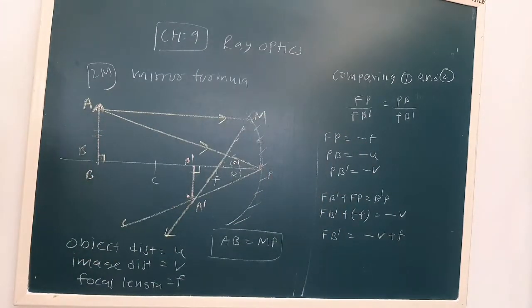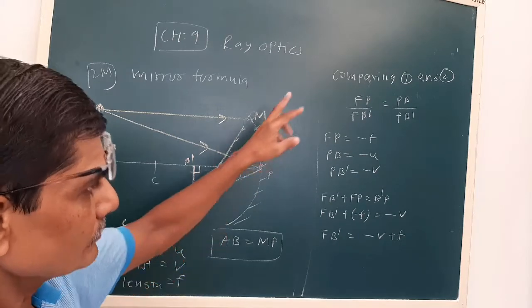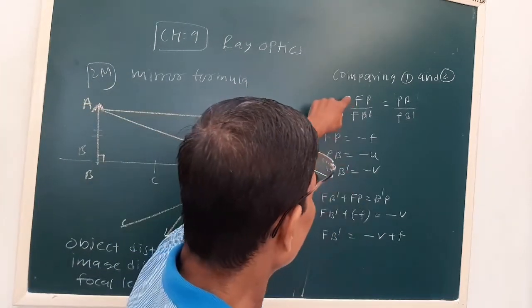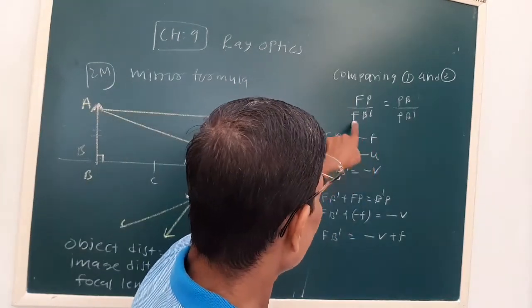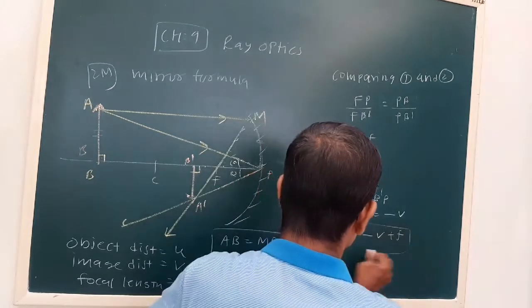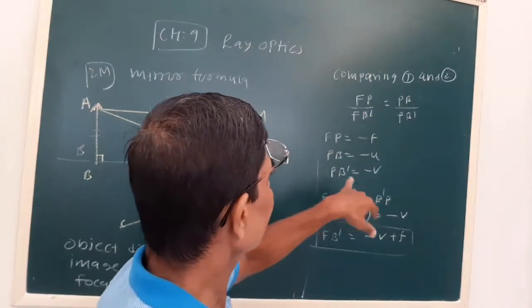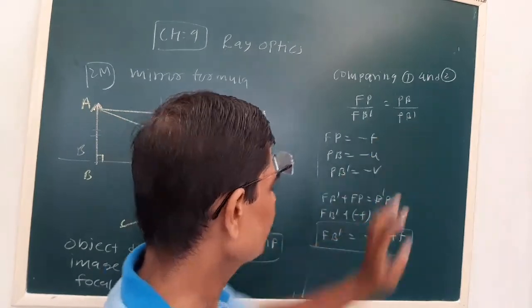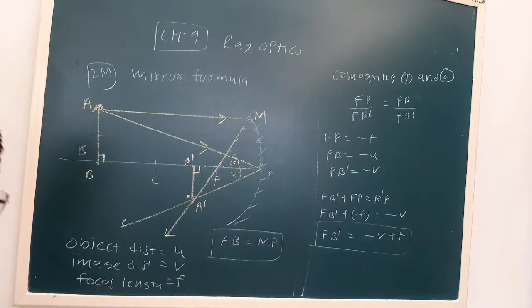Now we have got all four terms. FP is minus F, FB' we have obtained, PB' is image distance and PB is the object distance. Now we have to substitute.